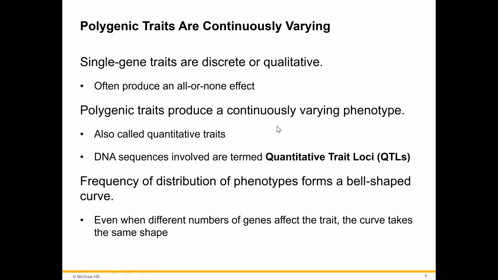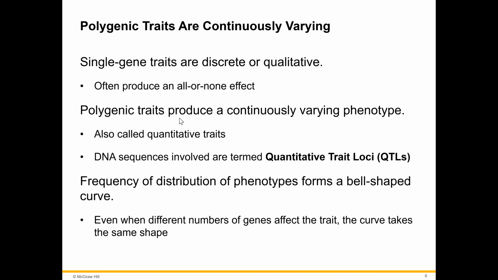Polygenic traits are continuously varying. Single gene traits are discrete or qualitative, and often produce an all or none effect. So if we have a trait that is affected by one single gene, then usually we have it or we don't have it.